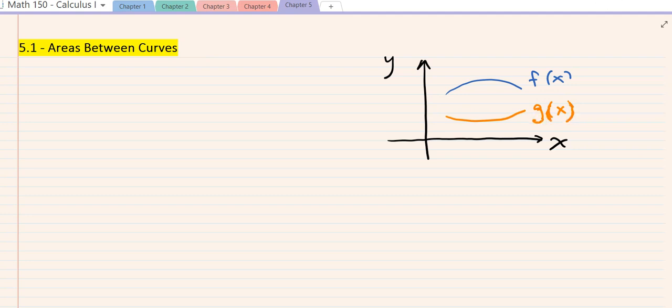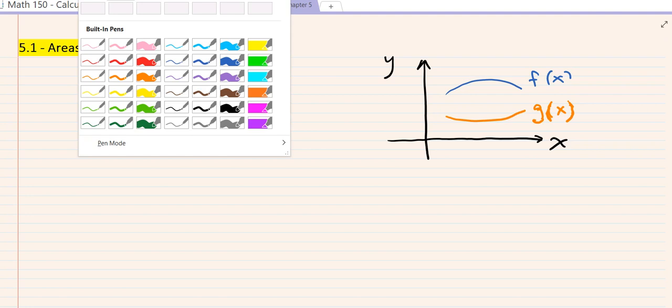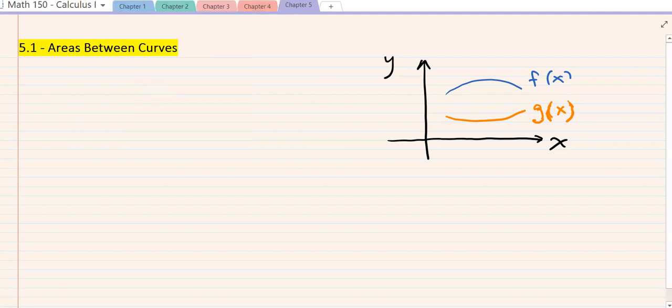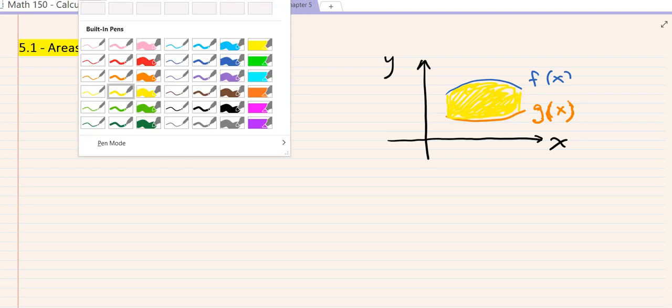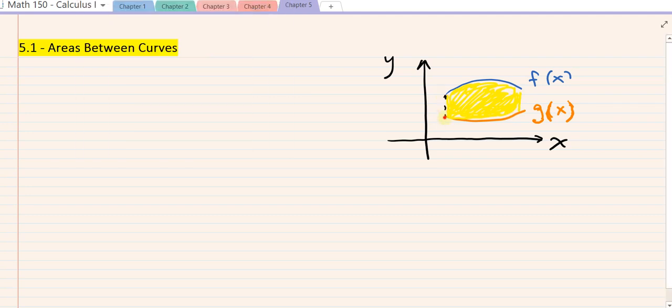Now if I mark the region between them, I'm going to highlight that with a different color. There you go. This region that is bounded between them, that highlighted region, is all we want to deal with in this section. I'm interested in finding the area between these two curves, stretching from a to b over that interval.